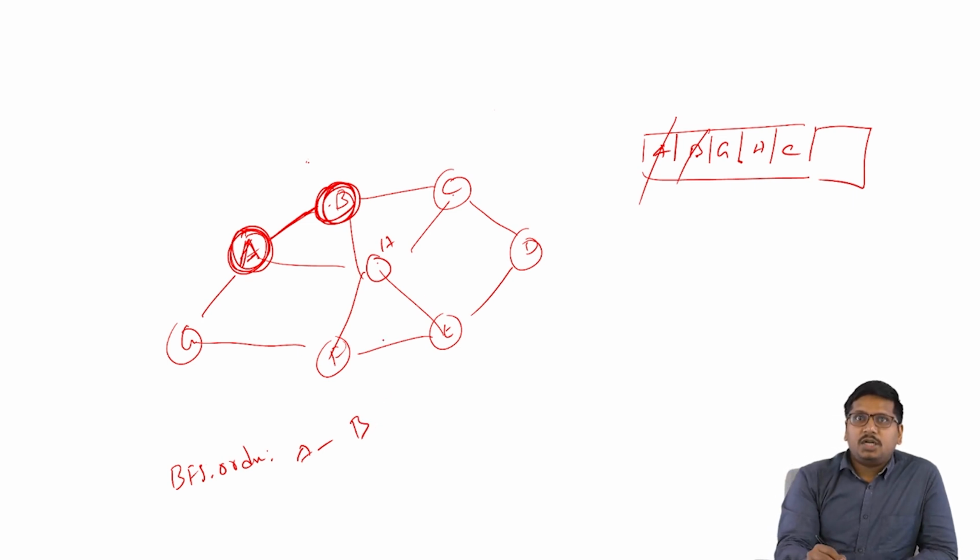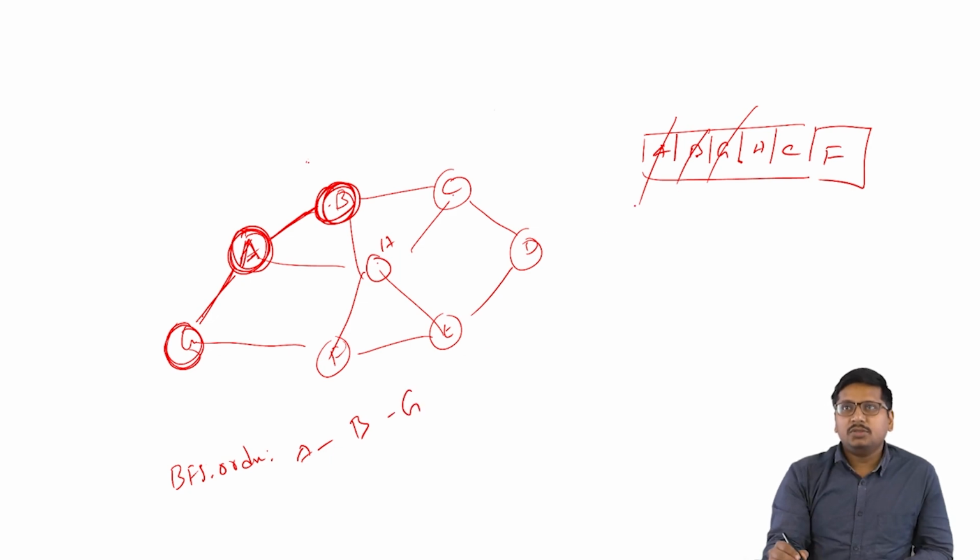And for G, what are the nodes that are adjacent? That should be F. So add it to the queue. So remove the G. So next one is H. What are the nodes that are adjacent to H?